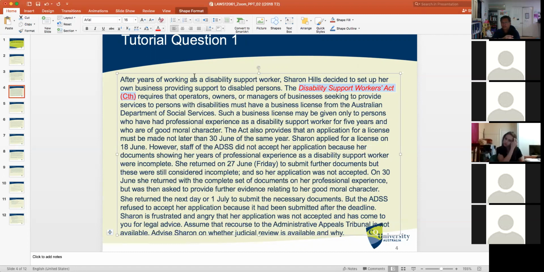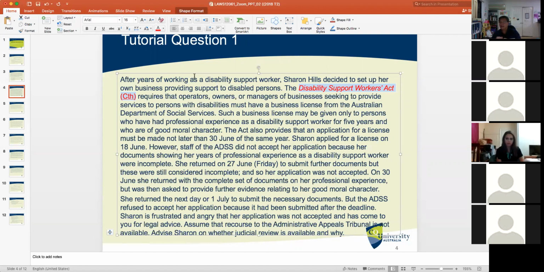Now, having said that, however, what we also need to point out is that it is very possible that a particular legislation will actually have what is known as a privative clause, which will say that when the Minister for Home Affairs, for example, determines that a non-Australian citizen should be expelled from Australia, that decision cannot be the subject of judicial review.